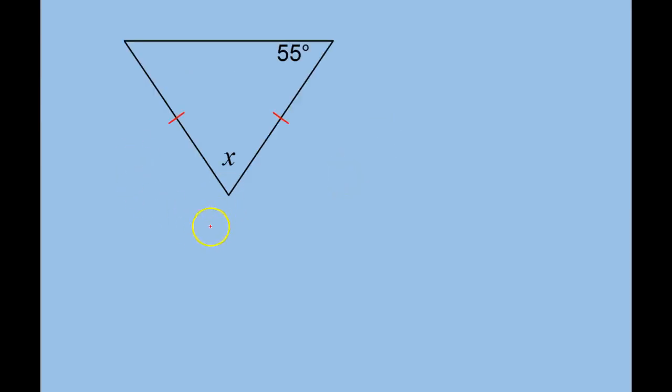Next, what kind of triangle do you have here? This is an isosceles triangle. How do I know it's an isosceles triangle? Right, I have two congruent sides, so that means those base angles are also congruent. If this angle is 55, how many degrees is this angle? So how do I find the third angle?